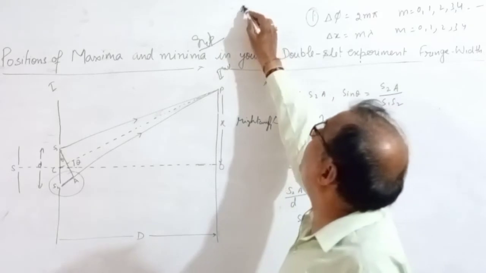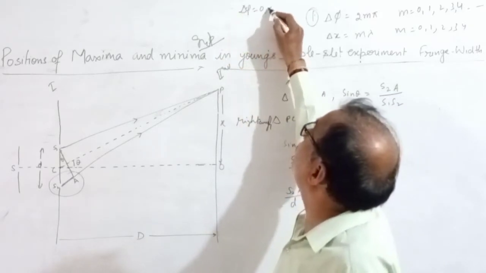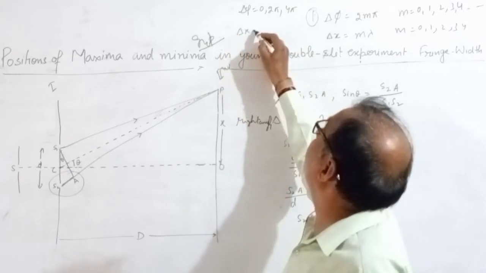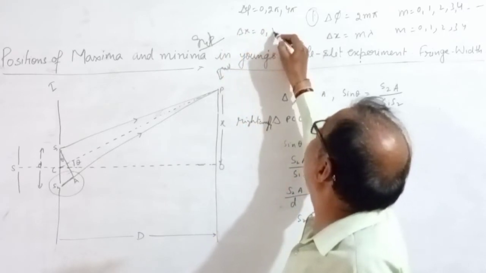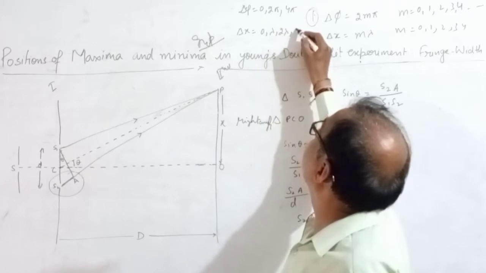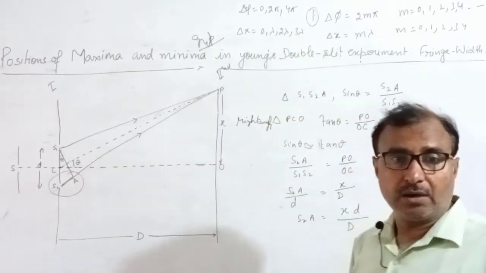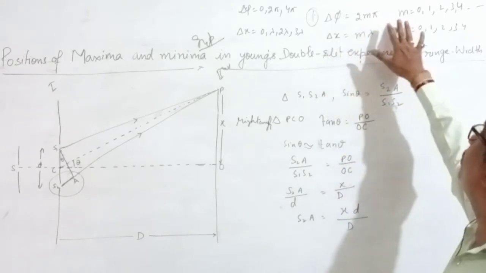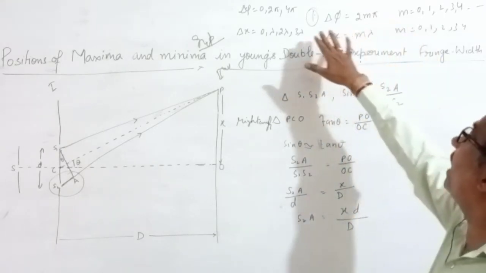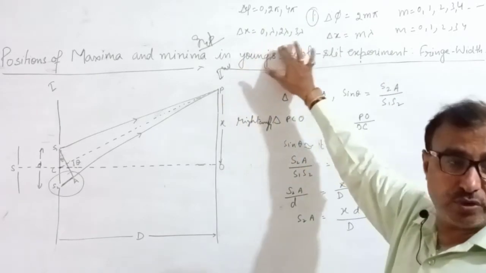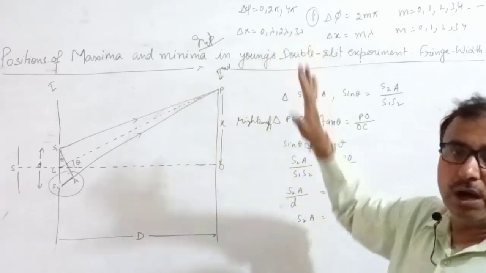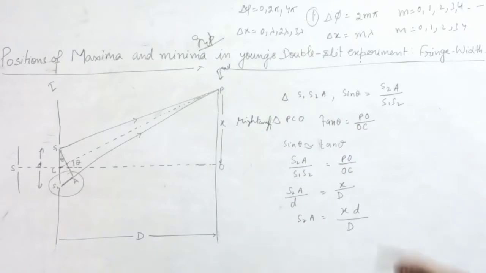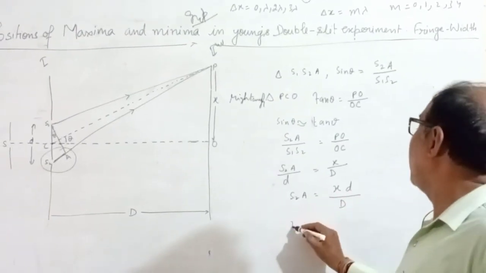Again I want to repeat, phase difference for constructive interference 0, 2 pi, 4 pi, right? And path difference should be 0, lambda, 2 lambda, 3 lambda, and so on. For constructive interference, the phase difference should be 0 or even multiple of pi, and path difference should be 0 or whole multiple of lambda. Now you see here, path difference is m lambda.